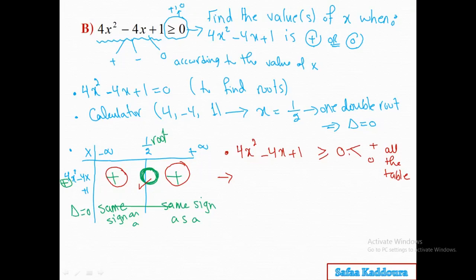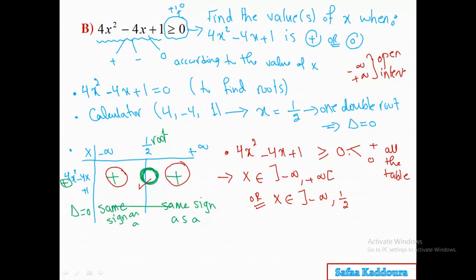You can say that x belongs from minus infinity to plus infinity, or other students write from minus infinity to half. At minus infinity and plus infinity, we always have an open interval, so I put an open interval. At minus infinity to half I will put the closed interval.